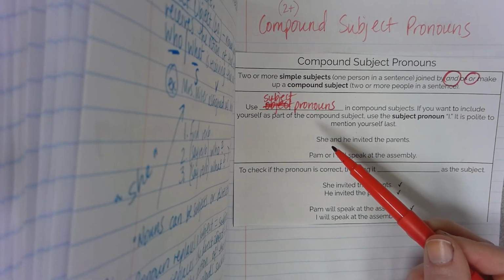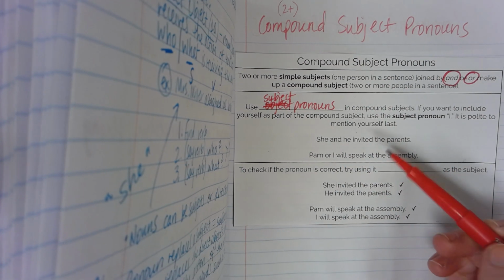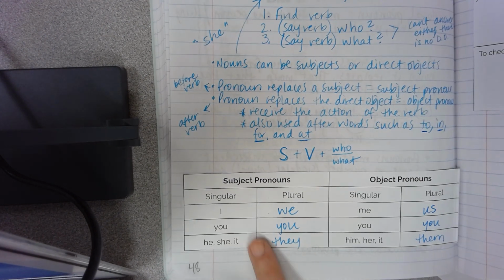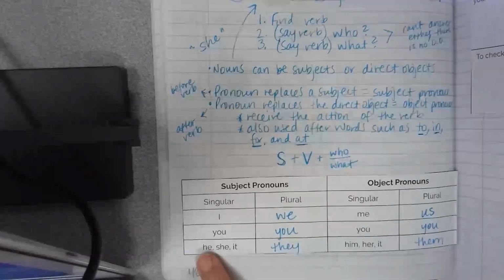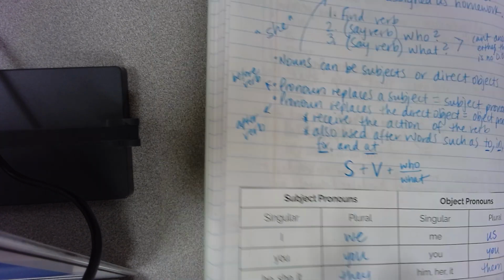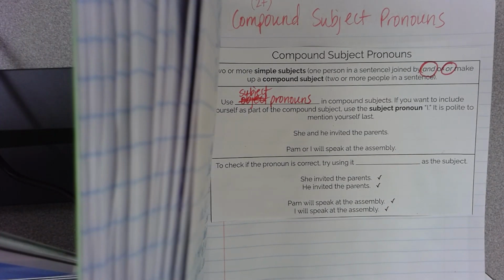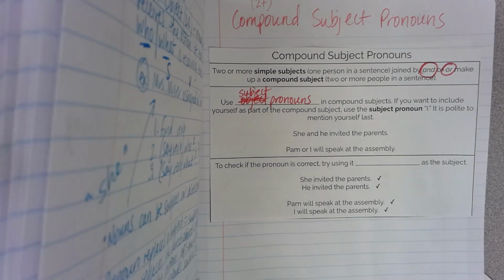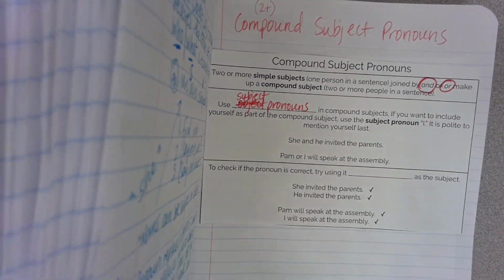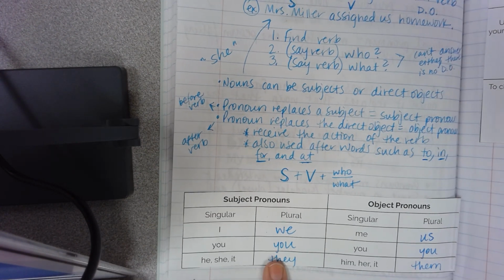You will always be, well, I guess you could be used for either. But if you refer back to this chart here, subject pronouns, I, you, he, she, it, we, you, they. Okay? You are going to make sure that you have these at the beginning. And this is just saying you may have more than one pronoun acting as the subject of the sentence. So you may have he and she, you may have they, you may have you and I.